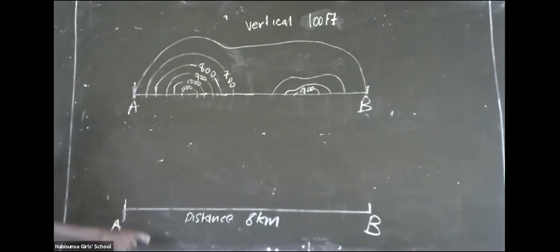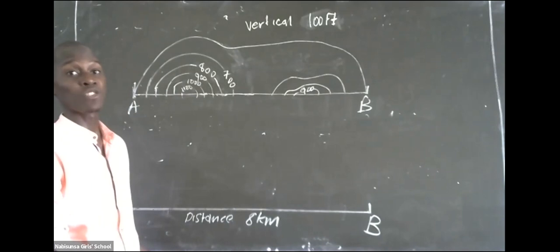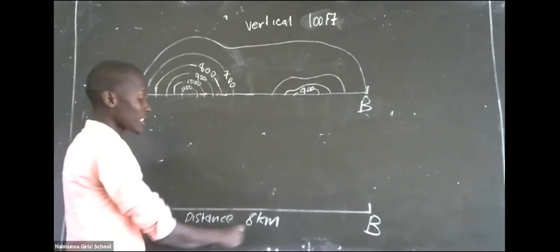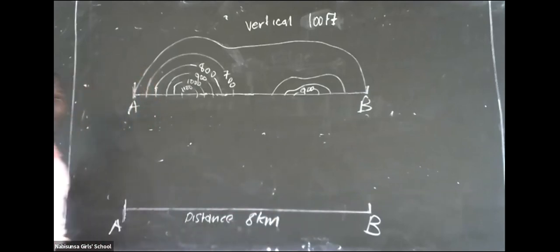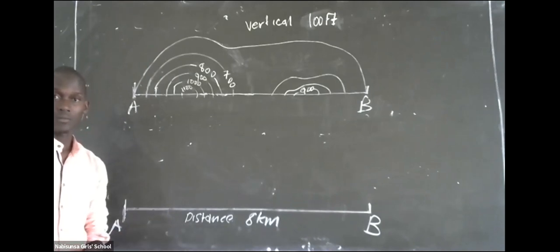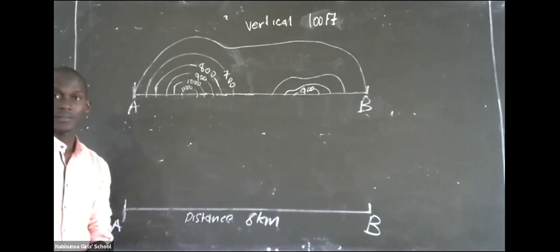But here on the map extract, when you look at the scale on the map extract, it is saying kilometers. So you have to say distance 8 kilometers. Am I clear? It's a must, it's a requirement on the cross section. Yes, teacher.